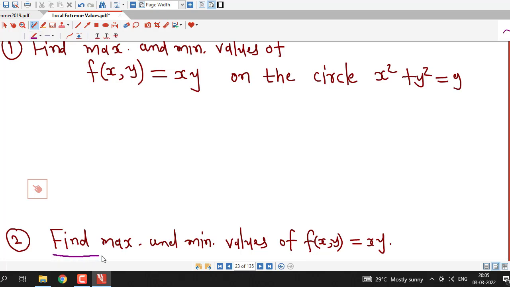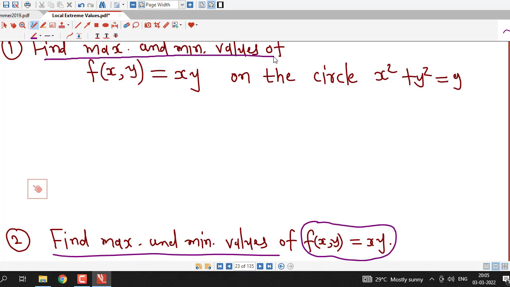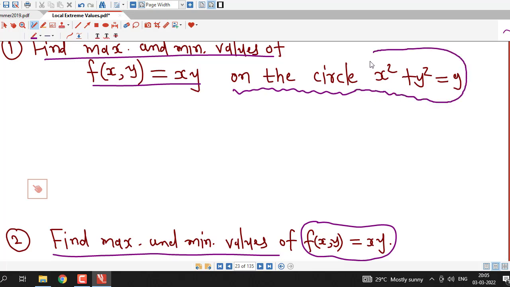Here we are asked to find the maximum and minimum values of f(x,y) equal to x into y, and here we are asked to find them with some restriction, on the circle. That means the points at which the function is maximum or minimum must be points on the circle.